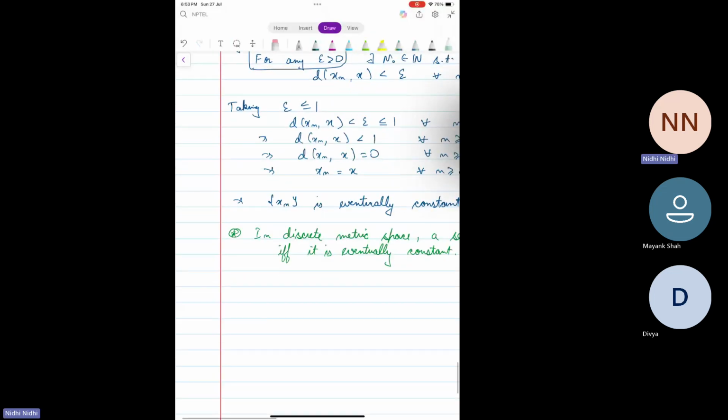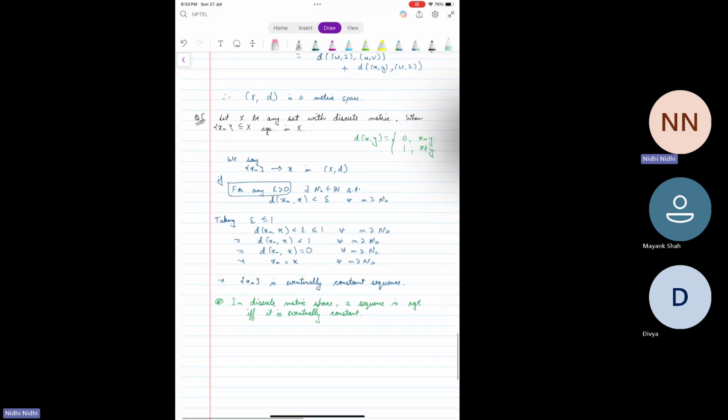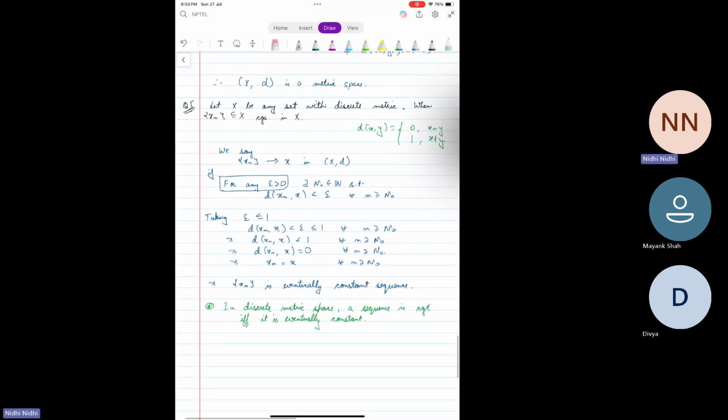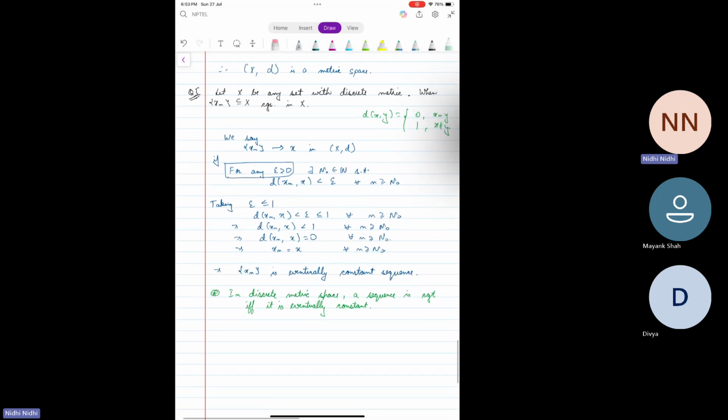So I hope this was clear: the definition of the discrete metric, and how we define convergence in metric space. Further, how it is affected by the discrete metric space.